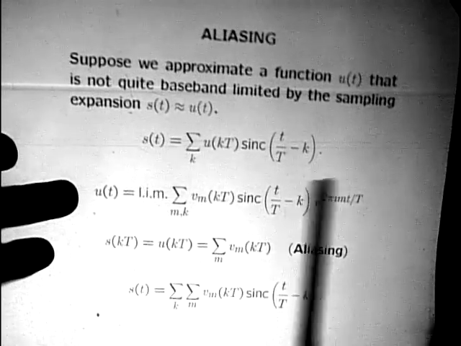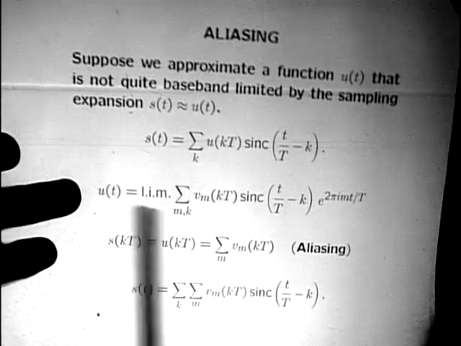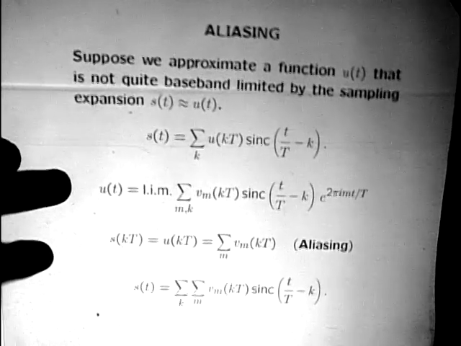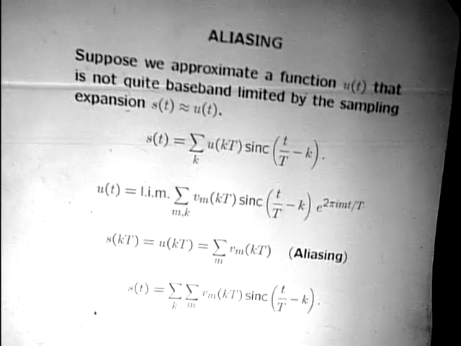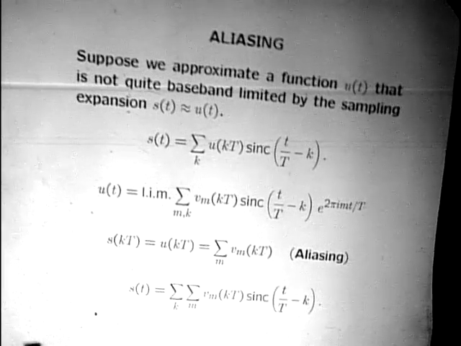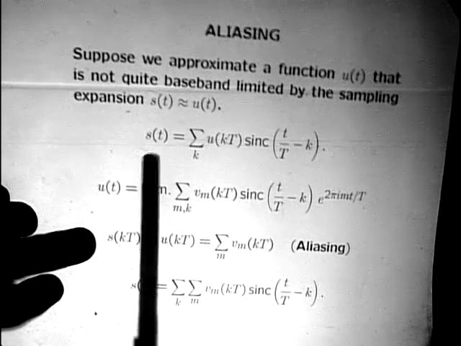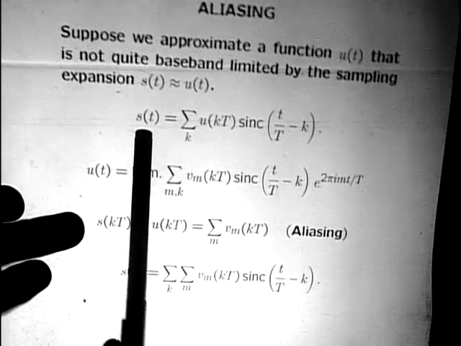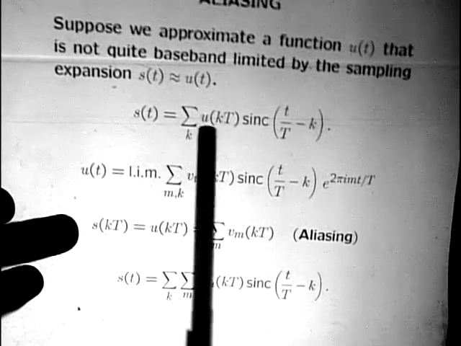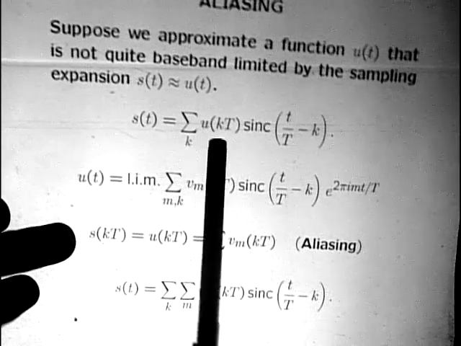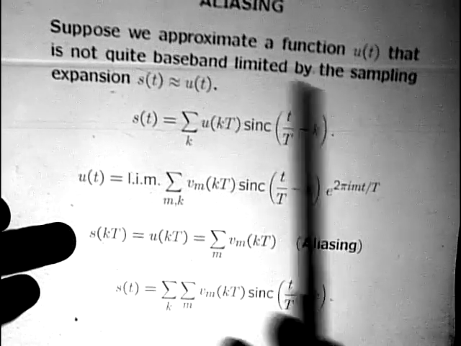So we have s of t, which is this. We have u of t, which is this. And now we look at this and we say, okay, s of kT, namely the kth sample of s of t, is simply u of kT. Okay, that's what happens here.